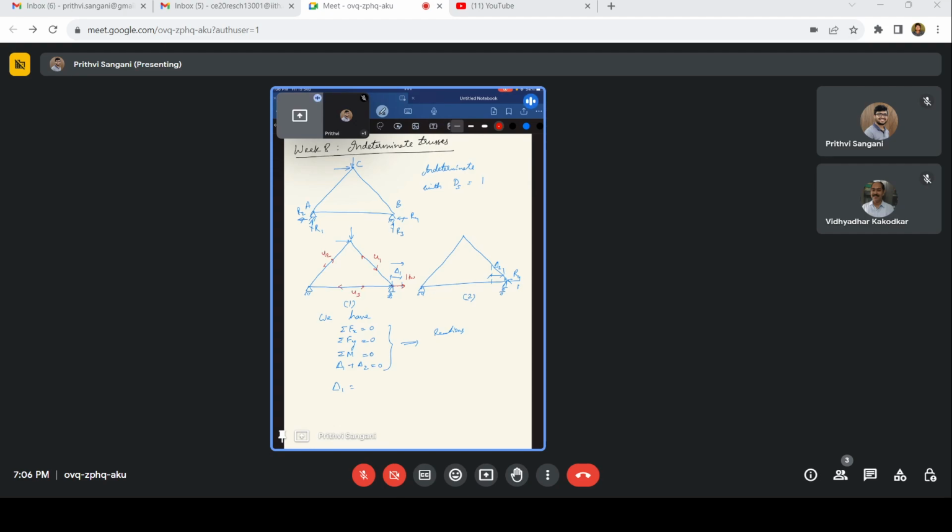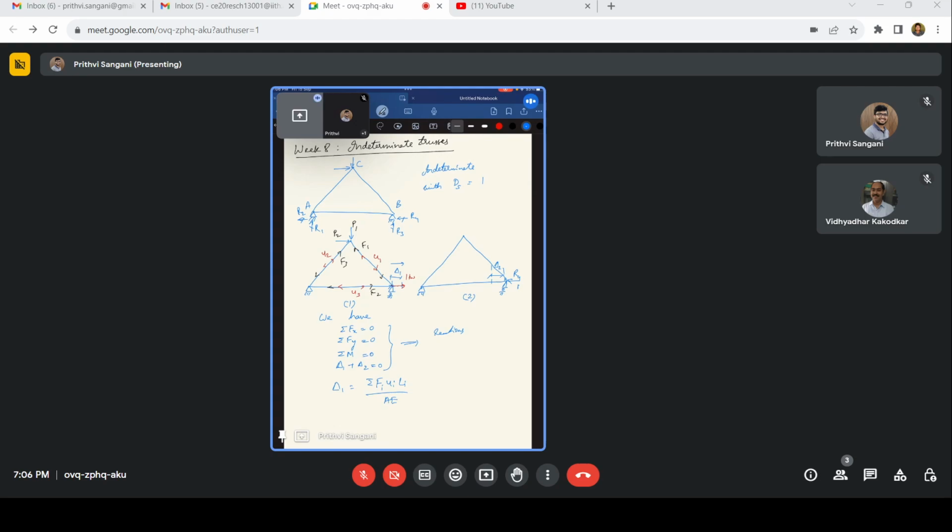And the internal forces due to the external loads P1, P2 we'll denote F1, F2, F3. So what is delta 1 then? It is nothing but sigma F i U i L i by AE.